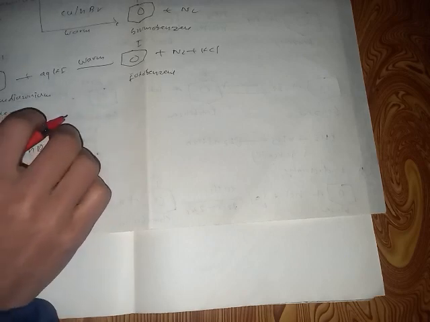And we can write from the reaction. The name of this compound is benzene diazonium chloride, and reacted with fluoroboric acid, HBF4. Benzene diazonium chloride is reacted with fluoroboric acid.